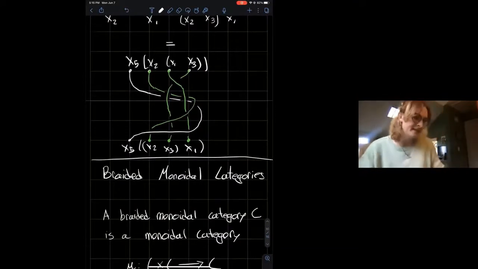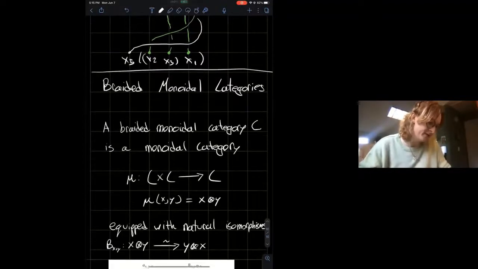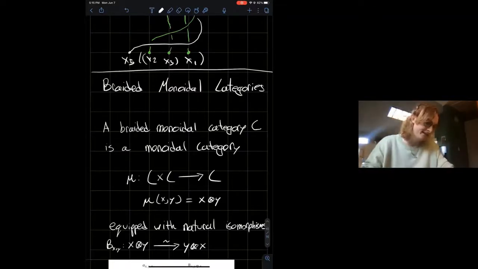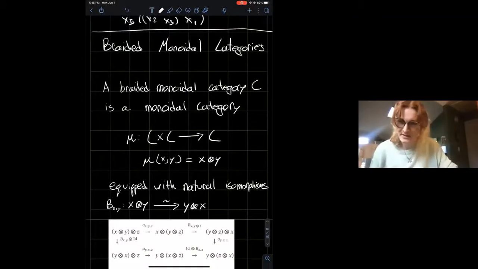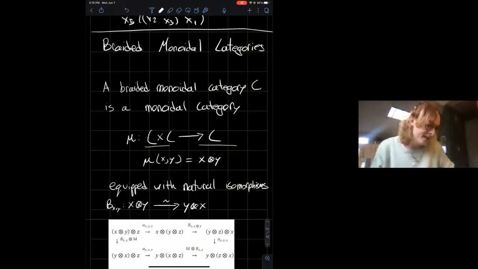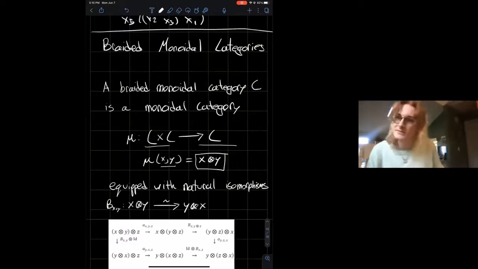So there's this nice connection between this operad PAB and braided monoidal categories. I'm going to briefly explain what a braided monoidal category is, and we'll move on from there. A braided monoidal category is a monoidal category, meaning that it has some notion of multiplication within itself, some functor from C cross C to C. And we're going to say the image of X comma Y, we're going to call it X tensor Y. These are sometimes called tensor categories for a reason.